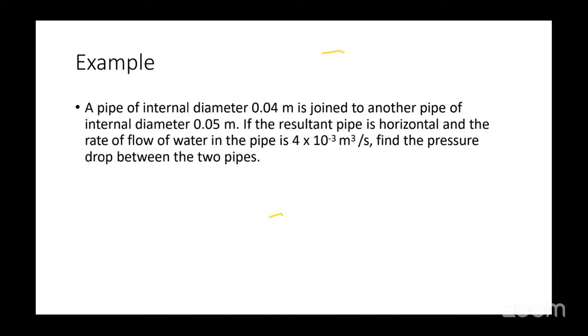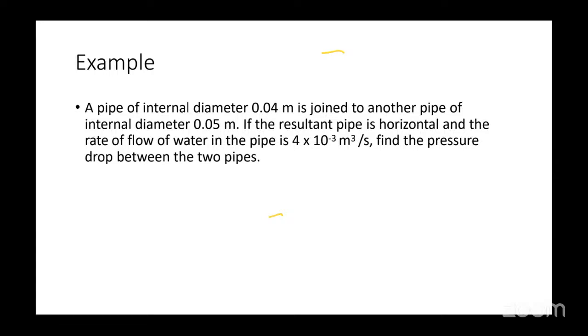That is flow rate. And flow rate Q is equal to AV. V is velocity, A is area. So now that we have internal diameter, we can find the area using pi r square or pi d square over 4 to find the area of the first pipe and the area of the second pipe, and now use that to find V1, V2 separately.